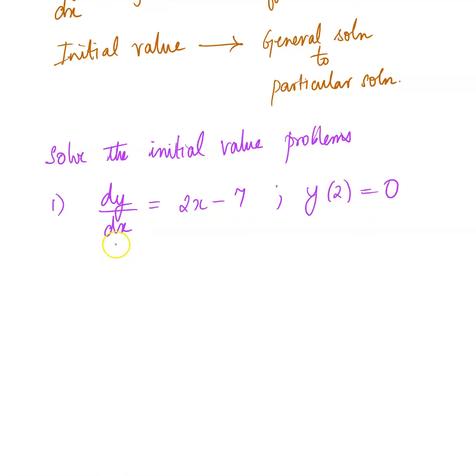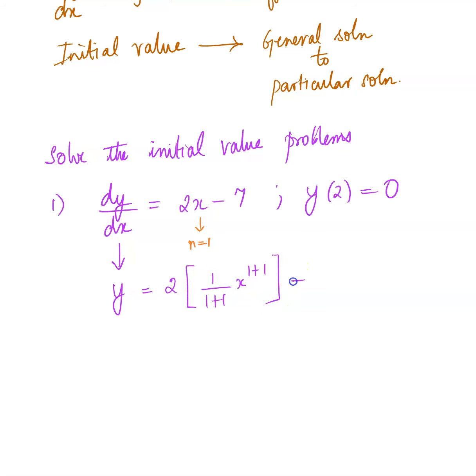Alright, so we're trying to find y. So basically you're trying to find the antiderivative. For the 2x, the power is 1. Let's say here n is 1. So 1 over 1 plus 1, x power 1 plus 1.